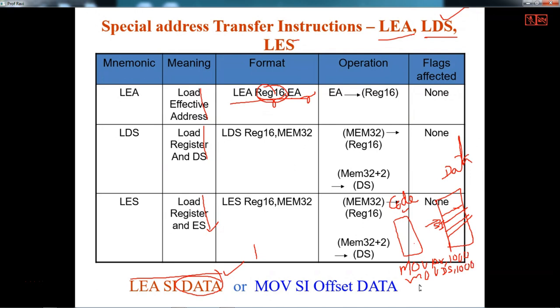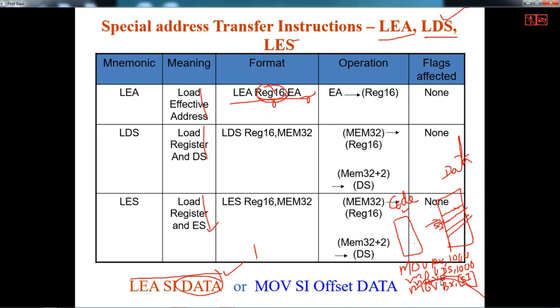Then you can say move BX comma contents of SI.